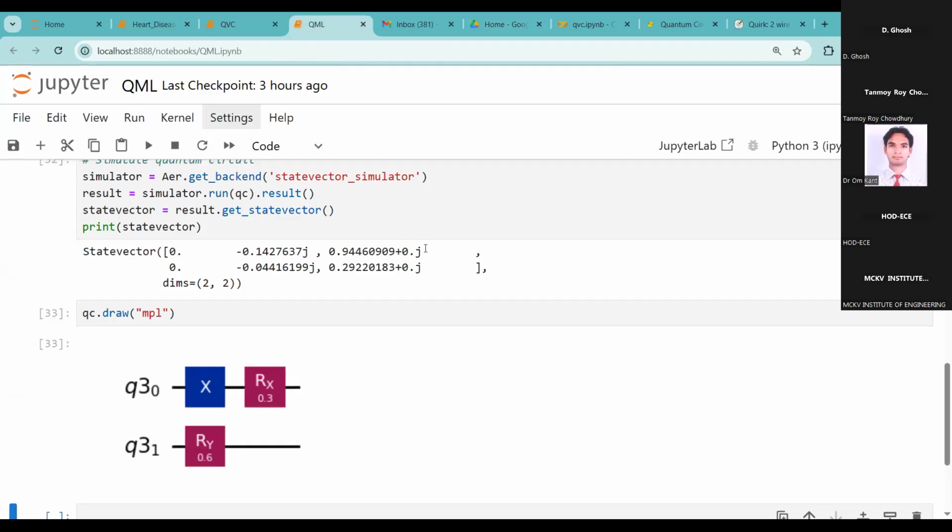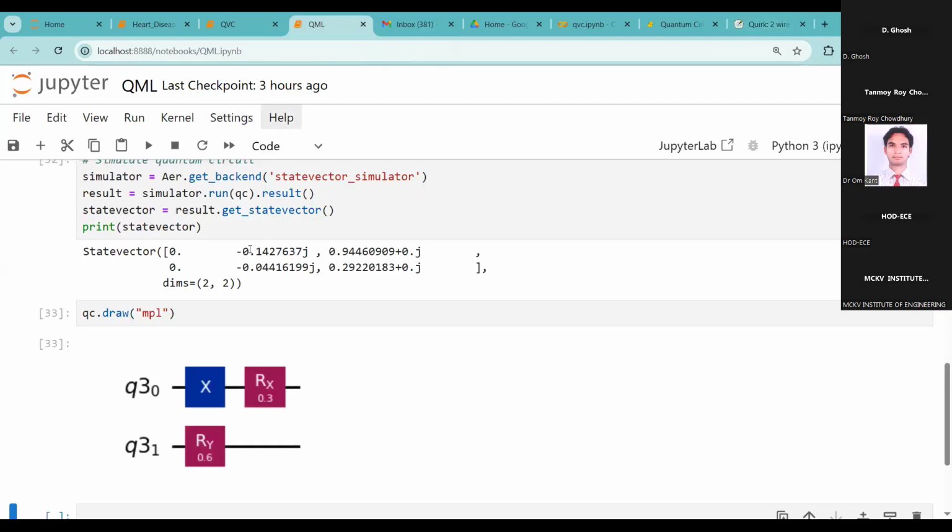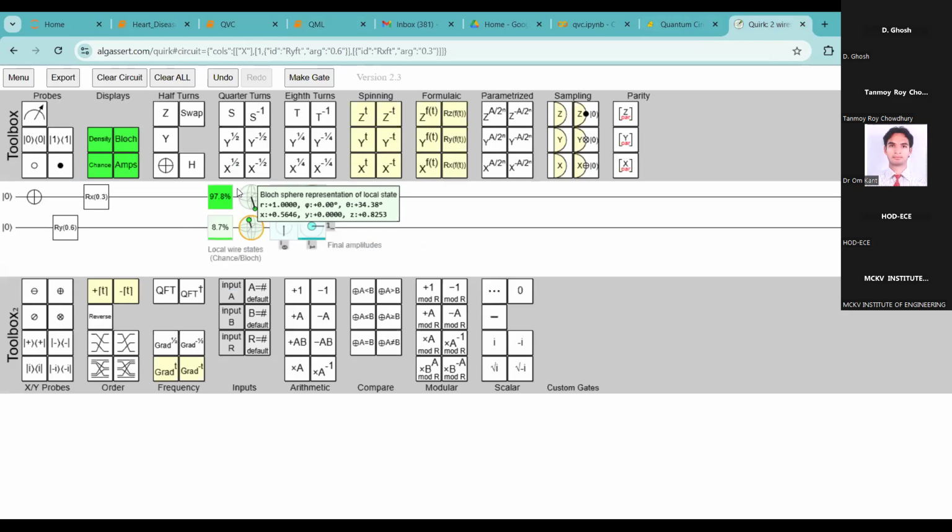And the second one is the amplitude of 0, 0. It is minus 0.14276i. You can see minus 0.1427637. J here means the imaginary iota. So you can see exactly all of this over here.